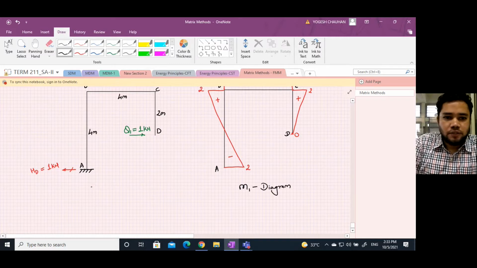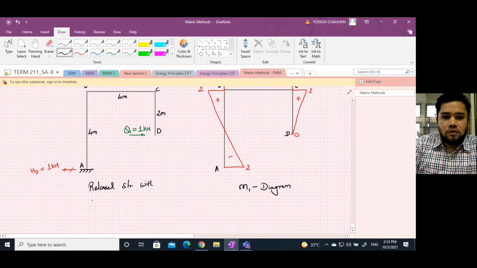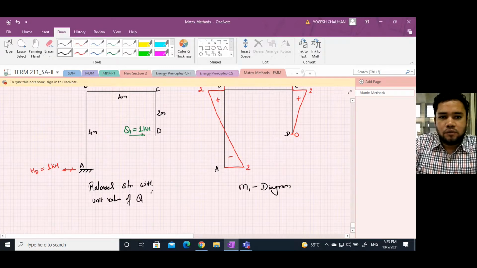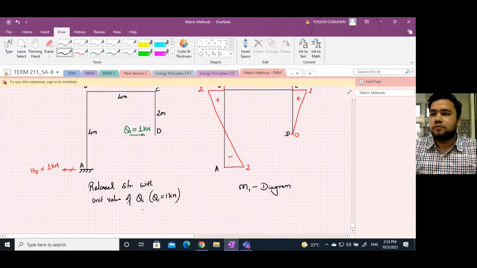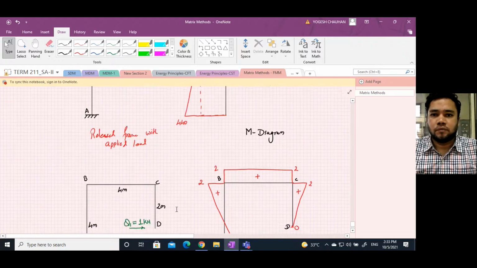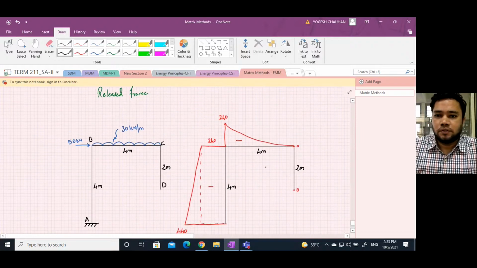Okay, and this is the released structure with unit value of Q1, that is Q1 equals to 1 kilonewton. Same way, this is D point, C point, B and A.